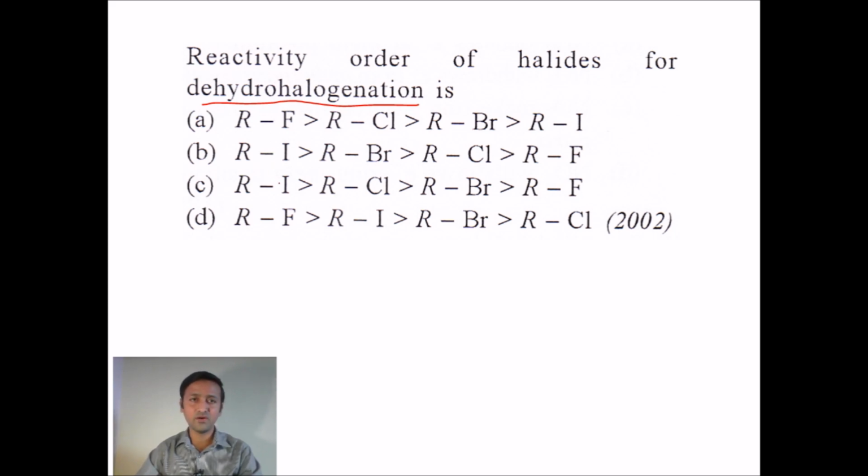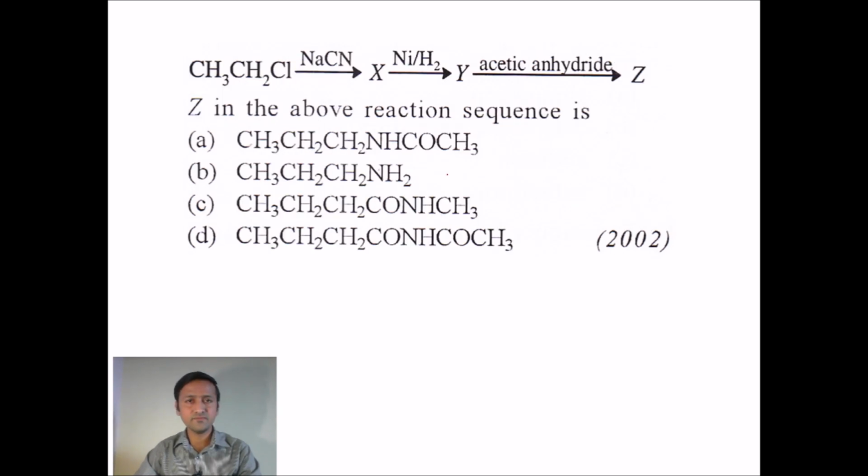If it is a weak bond, it should have more reactivity. The weakest bond is with iodine, then bromine, third is chlorine, and the last is fluorine. So it depends on the carbon-halogen bond strength, and you can directly select. The right answer is option B. Okay, next question now, which appeared in 2002.